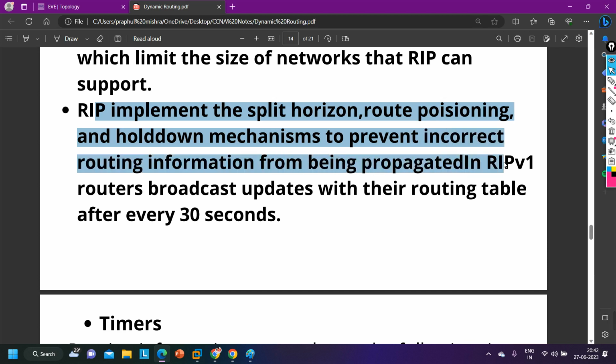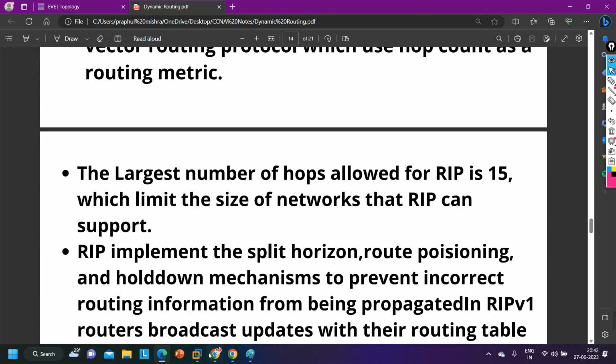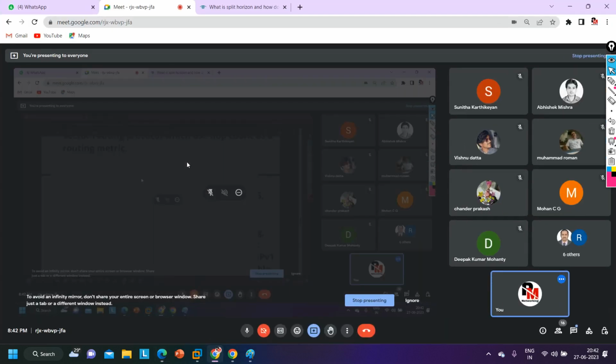information being propagated. In RIP version 1, routers broadcast updates. Guys, there is one very good question. Very general question: in RIP version 1, we sent update messages as broadcast. In RIP version 2, we shifted the address to multicast.